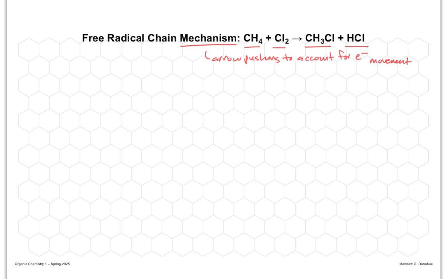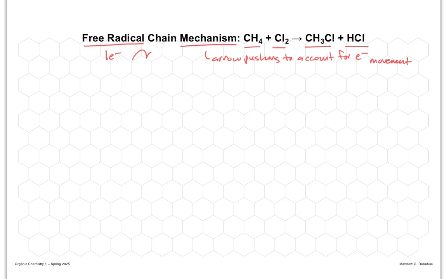In the free radical mechanisms, this is 1 electron moving, and we indicate that with a fishhook arrow. So the arrow only has one side, that fishhook, that indicates a single electron is moving.